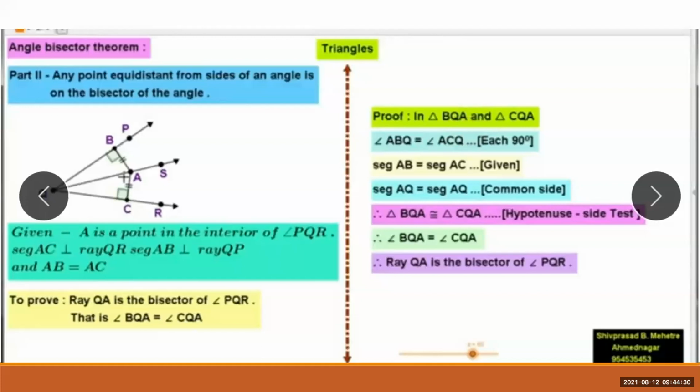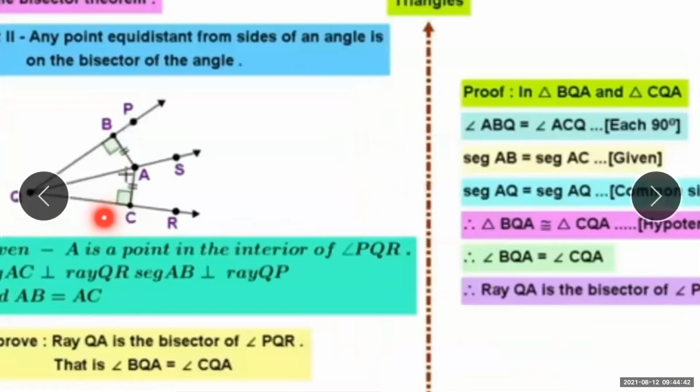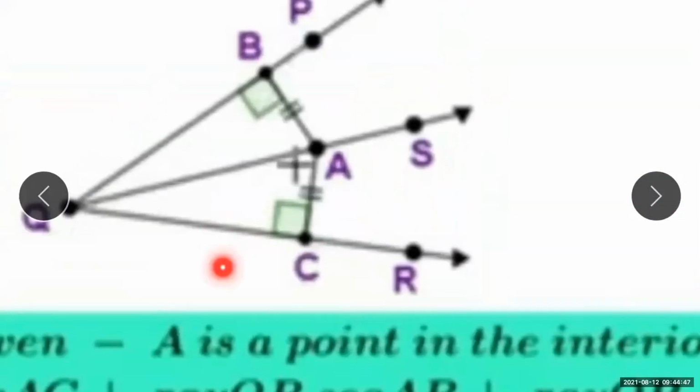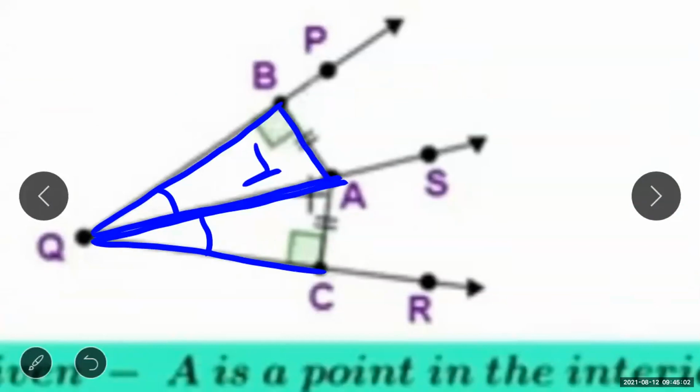So angle BQA equals angle CQA. Let's see in the diagram where those angles are. Angle BQA is congruent to angle CQA. That means this. So we need to take two triangles, triangle 1 and triangle 2.